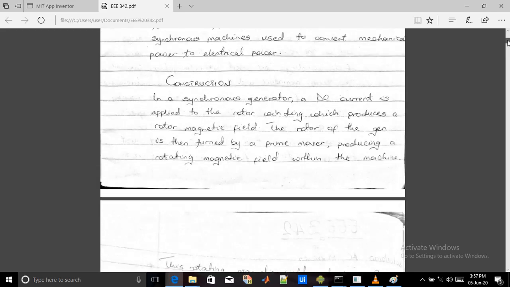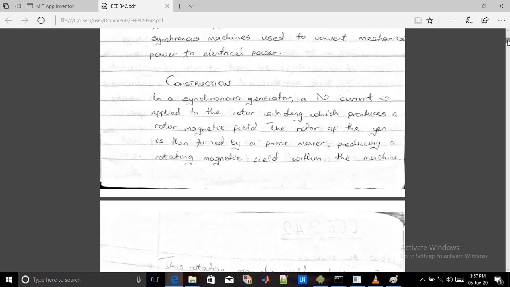You get? So now, in this case, a DC current must be passed through the rotor for it to produce a magnetic field, which is an effect of the rotation. So when a current is passed through the rotor, it rotates and produces a magnetic field.